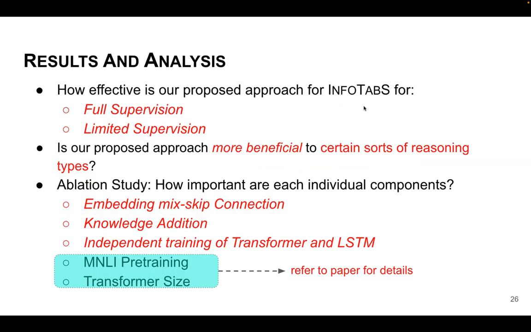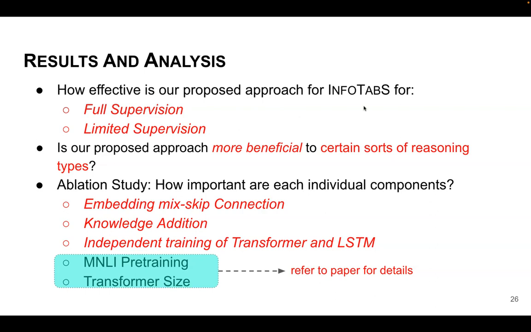So we look at various things. First we look at how effective our approach is for both limited and full supervision. We also see if it is beneficial for certain kinds of reasoning, like for example common sense and knowledge, or numerical or something else. We also did many ablation studies: how effective the skip connection is, how effective the knowledge addition part is, and whether adding knowledge directly using the transformer, or as embeddings, or giving it as context helps.